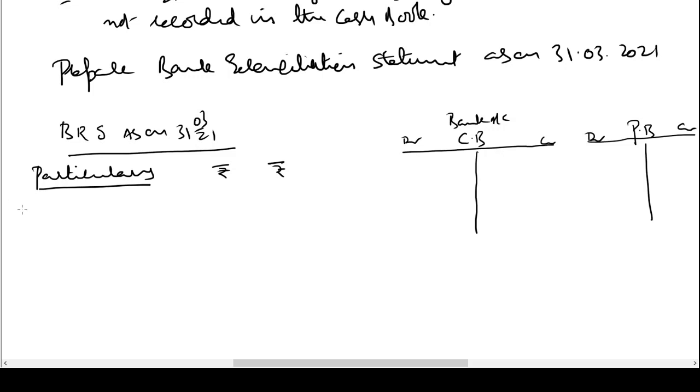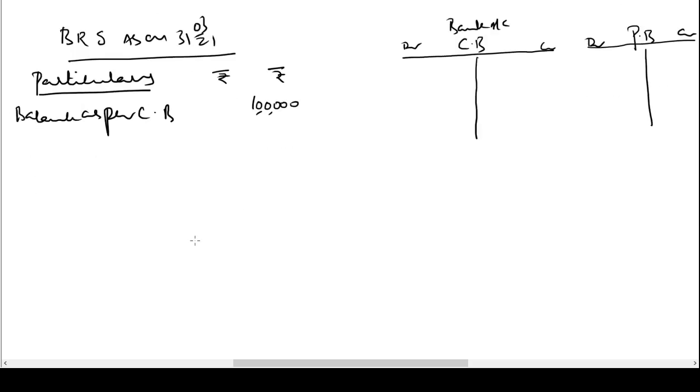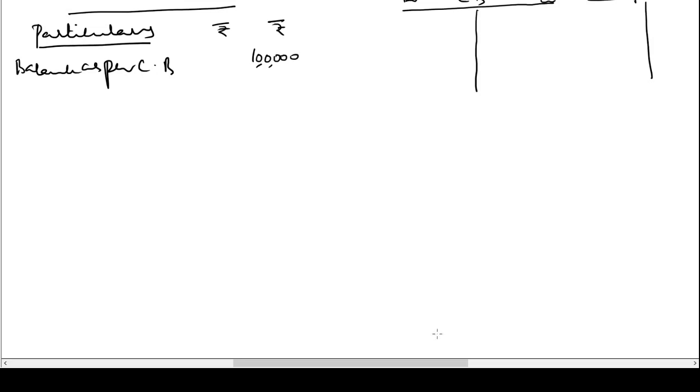So we'll start with balance as per cash book. It is 1 lakh rupees. If I start with balance as per passbook, then the statement will end with balance as per the cash book. Because I have started with balance as per cash book, I have to show that it is going to become equal to balance as per passbook.